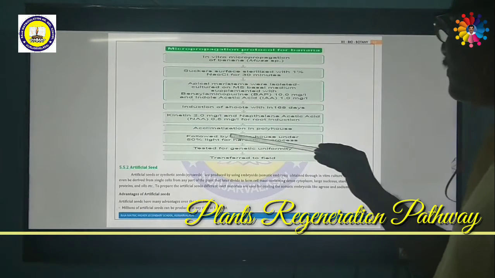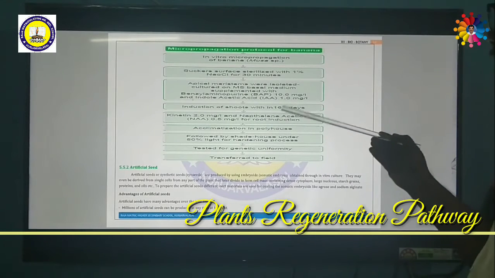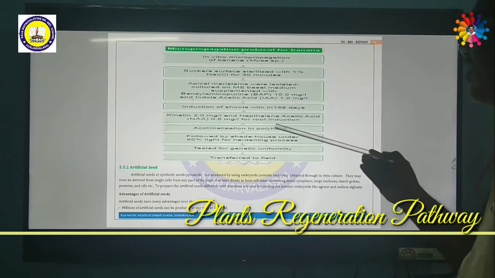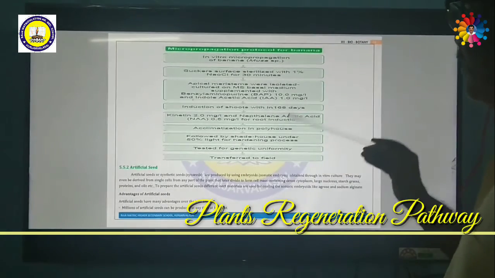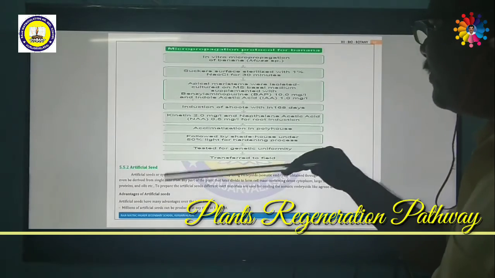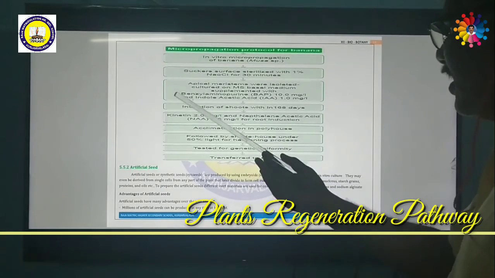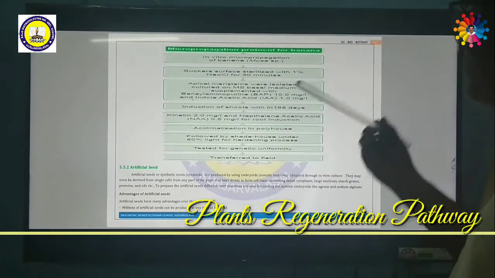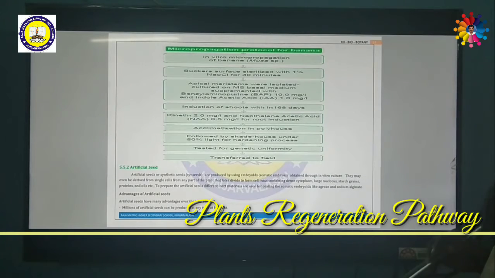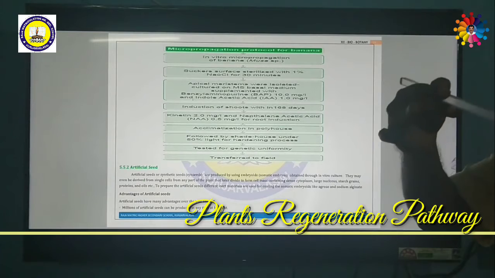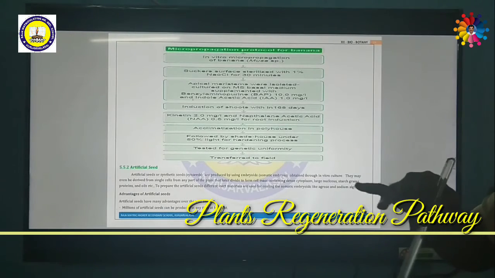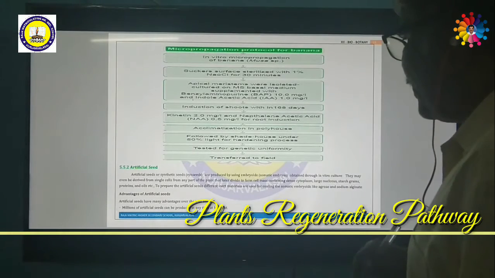Then acclimatization in the polyhouse. After root formation, the plantlets are transferred to the polyhouse. In the polyhouse, there can be acclimatization. Acclimatization means they can be adapted to the polyhouse. The polyhouse is intermediate between our tissue culture laboratory and the outer open area.